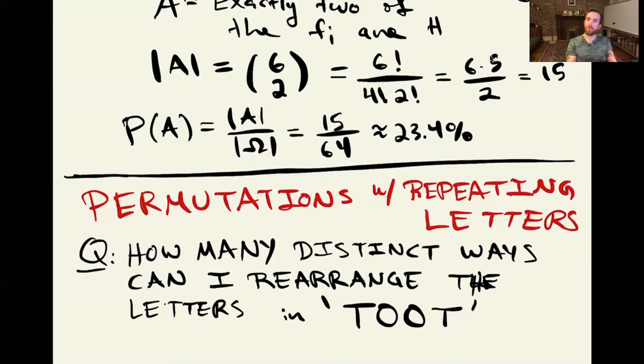But this word problem is going to show us another more general method here. So let's see. Let's go ahead and write them all out. So here's the answer for how many ways can we rearrange toot? Well, obviously there's T-O-O-T. And then I could do T-O-T-O, that's Toto. And then I could do T-T-O-O.